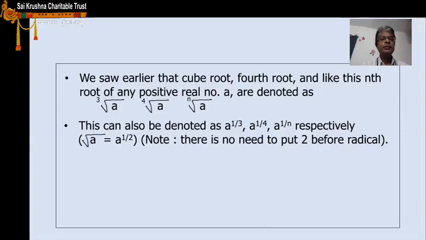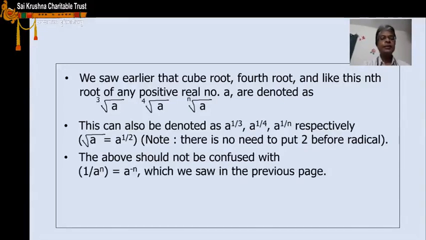That is, the cube root of a is a power 1 by 3, the fourth root of a is a power 1 by 4, the fifth root is a power 1 by 5. Like this, any nth root is a power 1 by n. Similarly, the square root we call a power 1 by 2. In the case of the square root, there is no need to put 2 before the radical. If nothing is put before the radical, it is understood to be the square root.